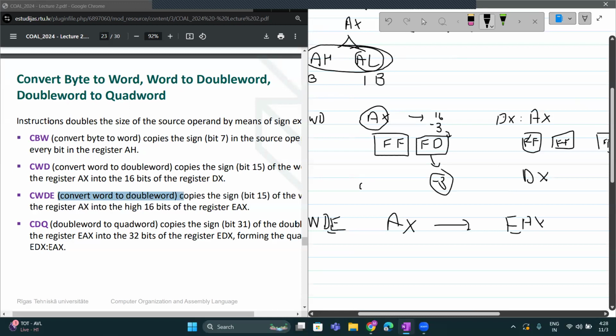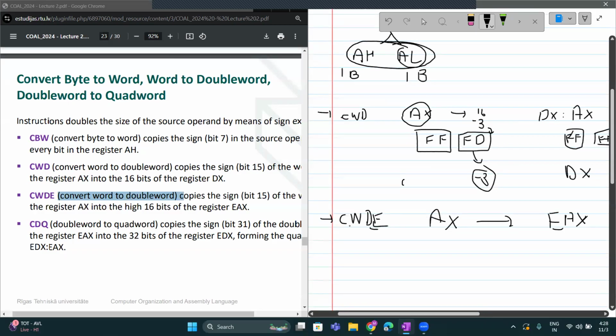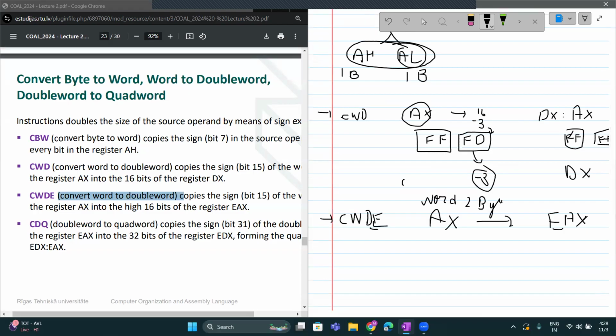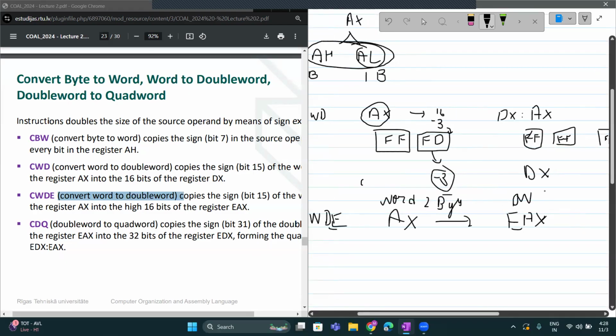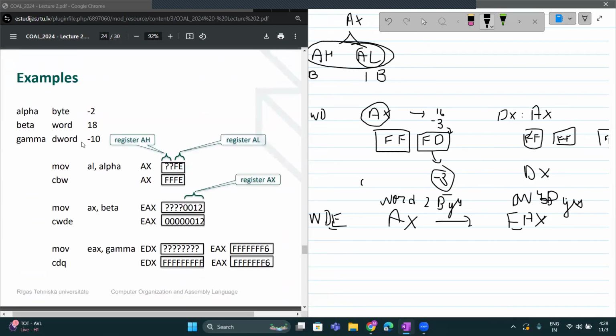Instead of DX comma AX, it converts AX into EAX. Basically it extends a word, which is 2 bytes, into a double word, which is 4 bytes. Yeah, these are the examples.